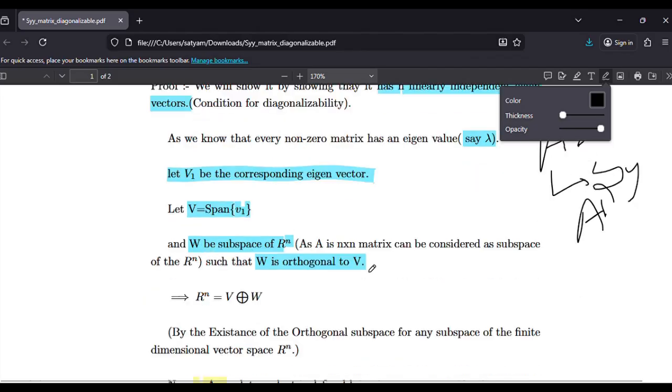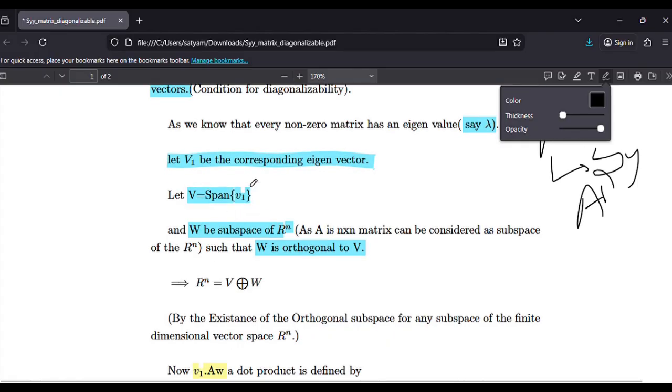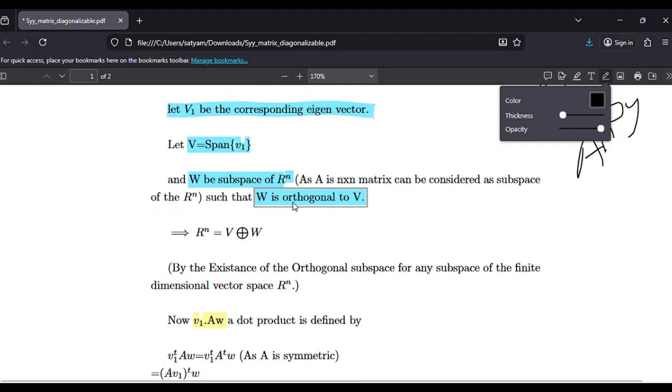Now construct a subspace W of Rn such that W is orthogonal to V. What is V? V is the span of v1, and we have constructed a subspace which is orthogonal to V. This means that every element of V and every element of W has dot product 0.